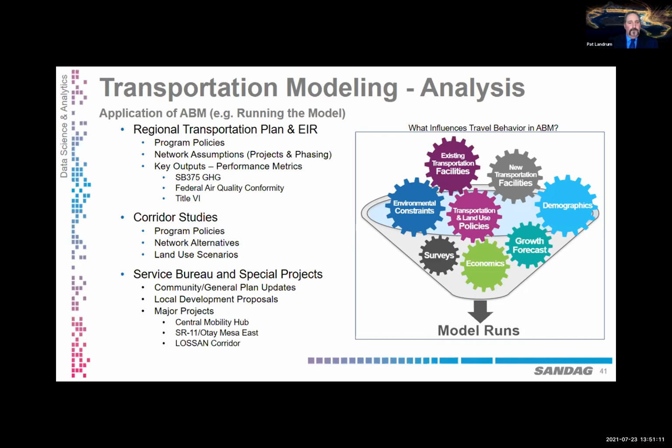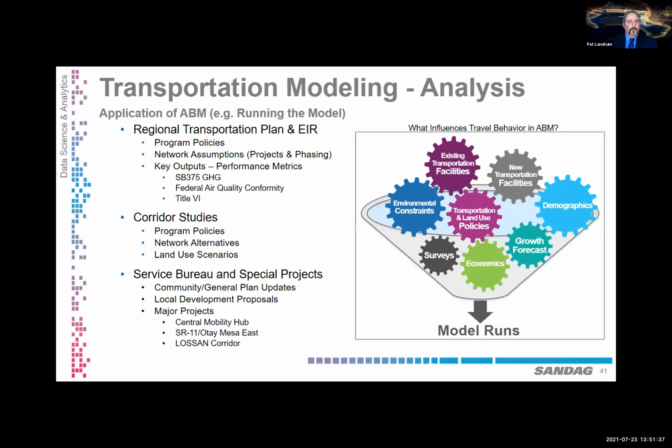Key outputs for the regional plan include 3 big compliance measuring points that we need to hit for a fully adopted regional plan, including conformity with SB 375 GHG reduction, federal air quality conformity requirements, as well as Title VI social equity requirements.